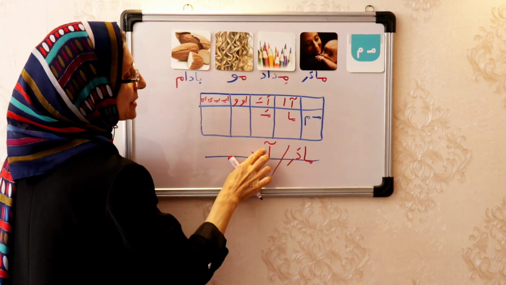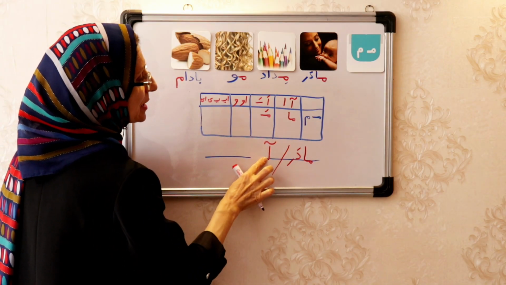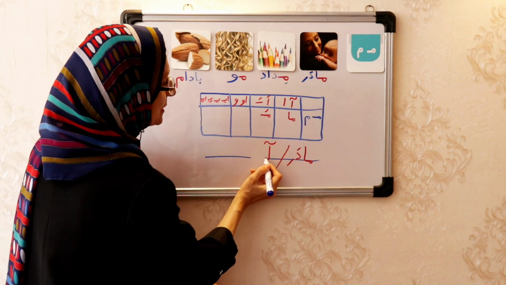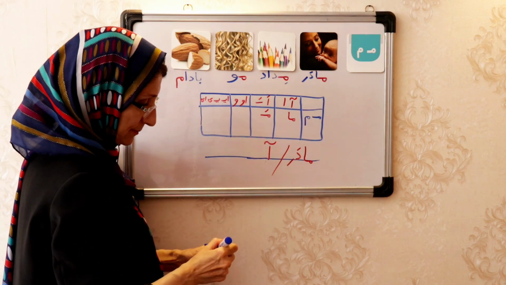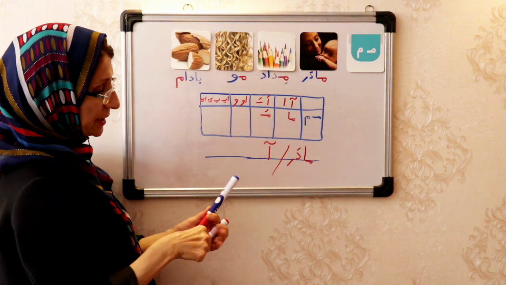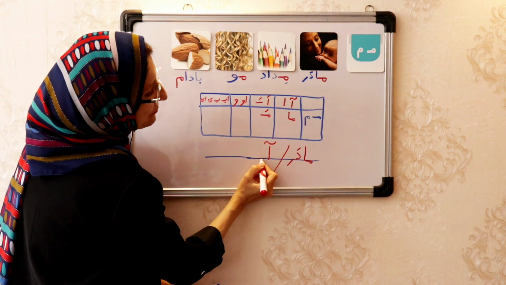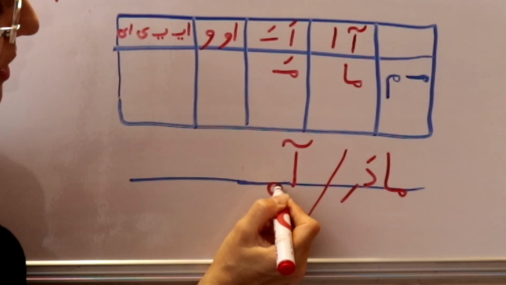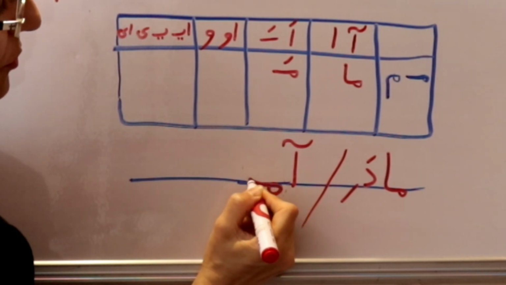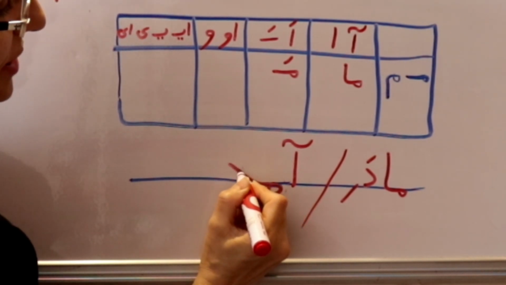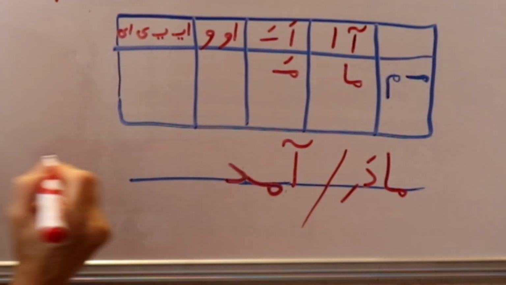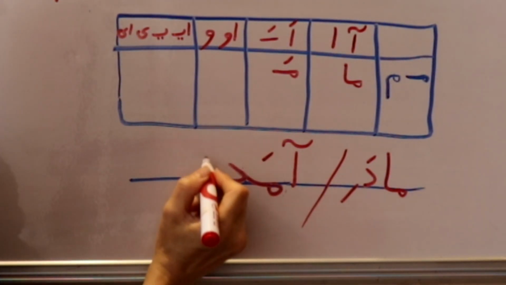I write again to see how I connect "me" to the sound here. Very carefully. Look at here. We first write "me", go to right, then go up, return back and complete the "d" and "a".